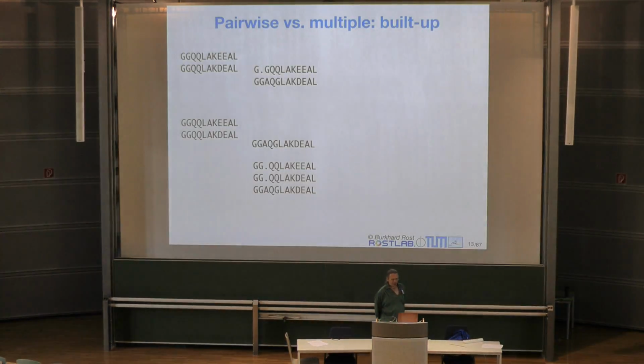Okay, so there's this issue of pairwise alignments versus multiple alignments. And pairwise alignments, essentially, you take a pair of sequences and you align them, and in this particular case, you would see that the best way of aligning them may be by inserting a gap here.